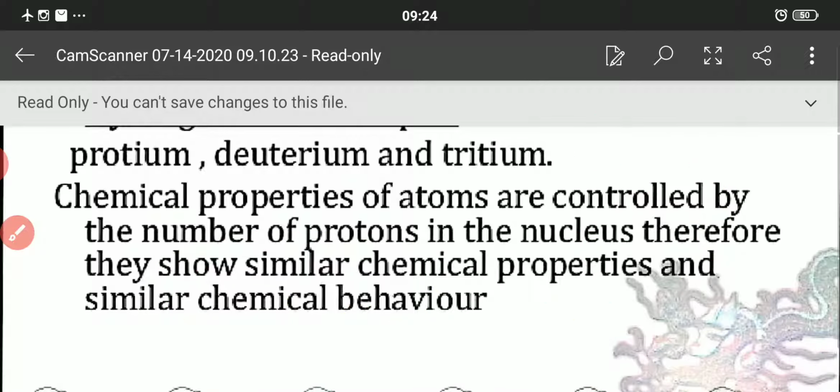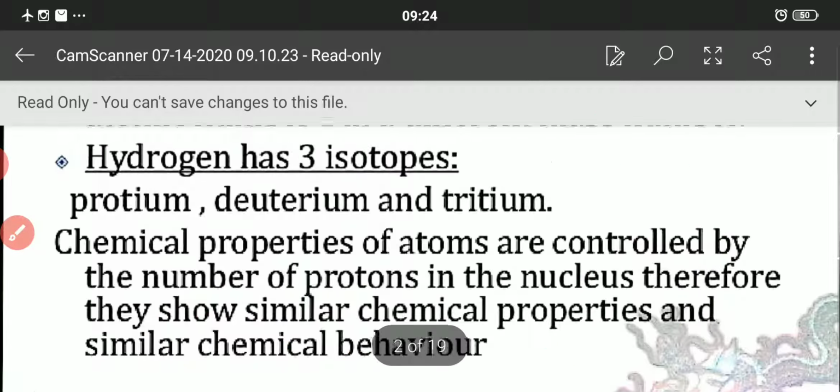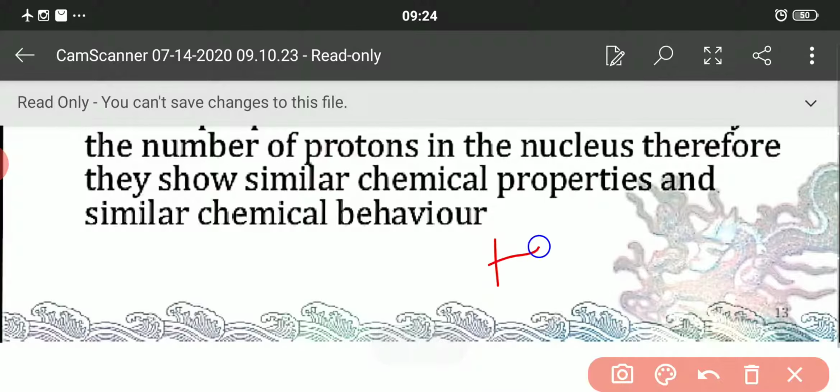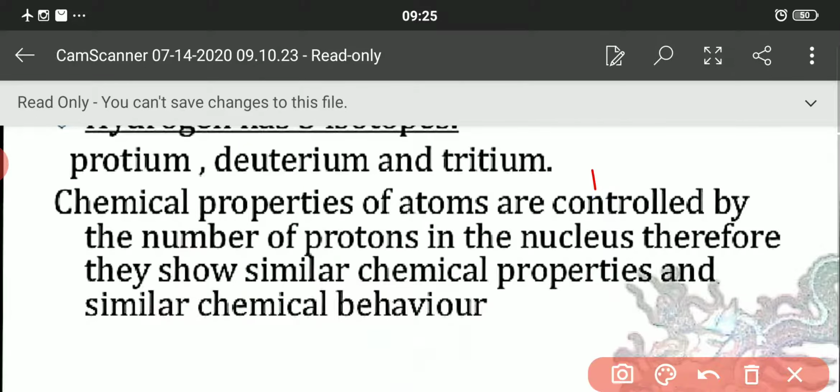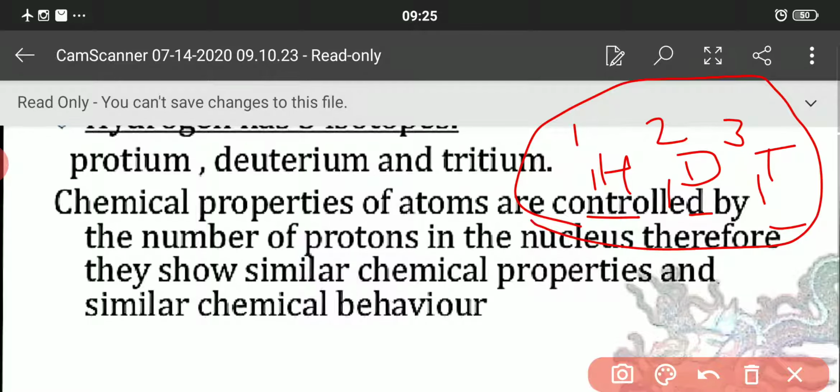The best examples of isotopes are 1H1, that is protium, 1D2 deuterium and 1T3 tritium. Remember these symbols and also write this in your regular book, that protium, deuterium and tritium are isotopes of hydrogen.